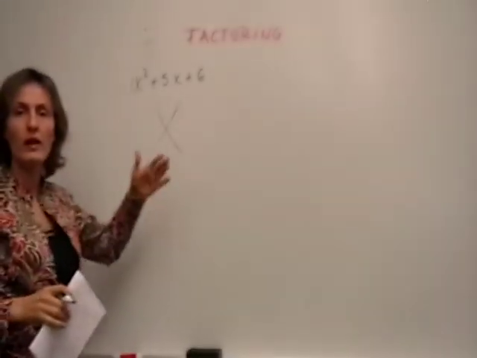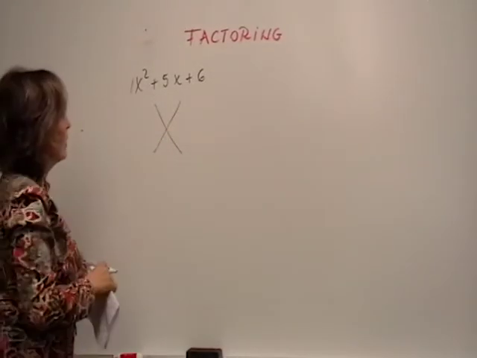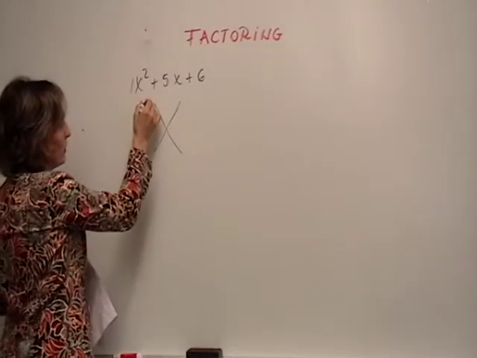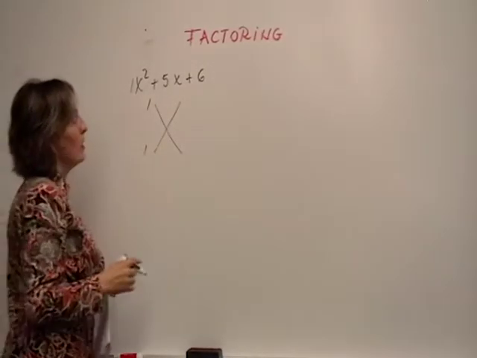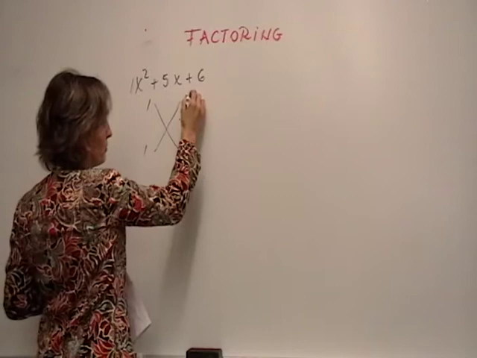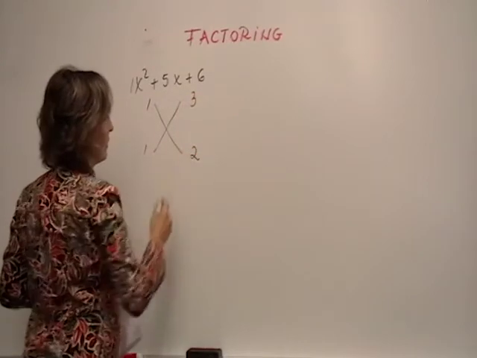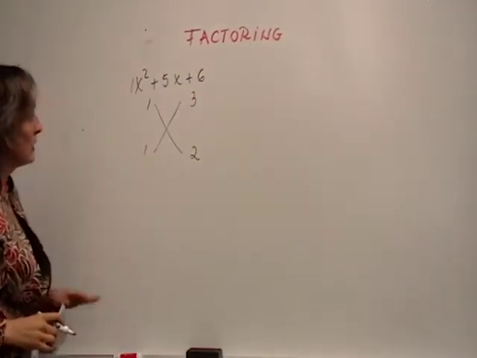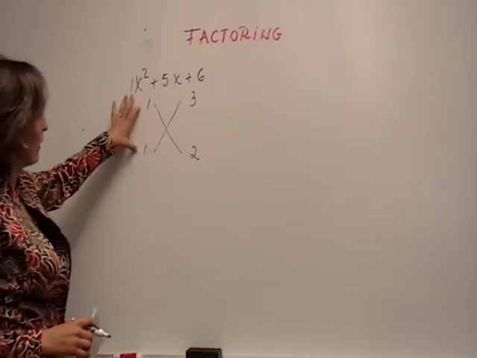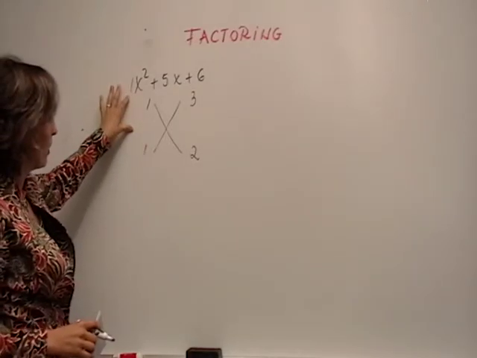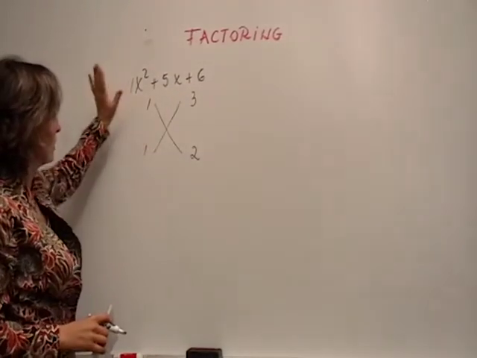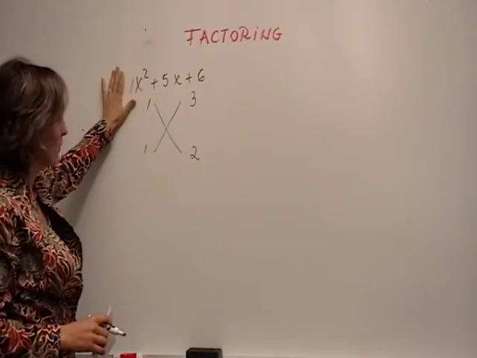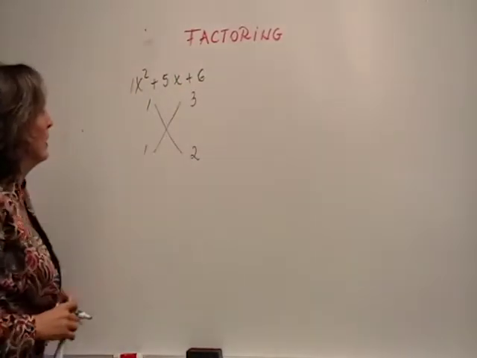You know, if you don't have any coefficient, it's 1 always. So factors of 1 are 1, and factors of 6 will be 3 and 2, right? That will be the first step, placing the factors of each one of those coefficients. Number 1, the leading coefficient, and the last term.